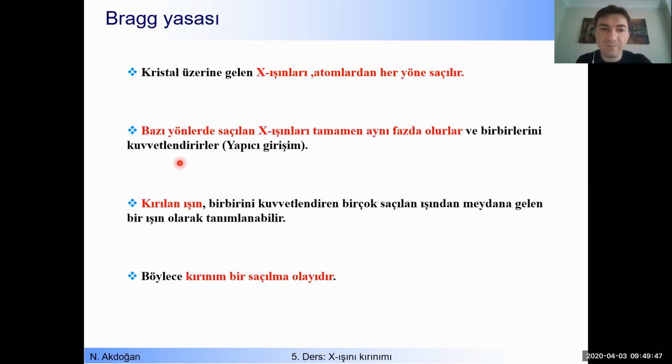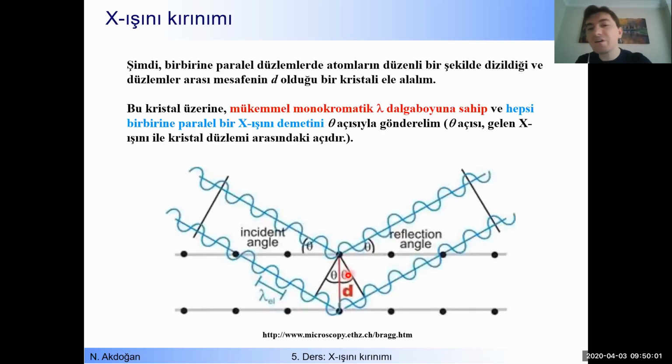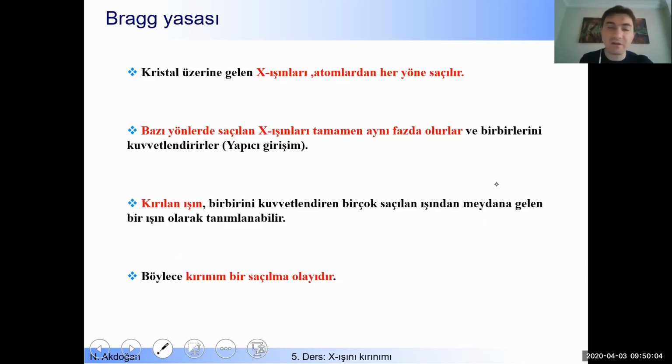Okay, this is the diffracted beam. So in general, diffraction is a scattering event. Okay, don't forget this. Diffraction is a part of scattering, a very special case of scattering.